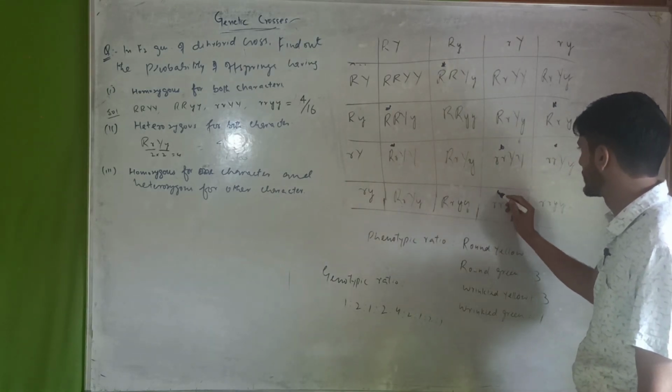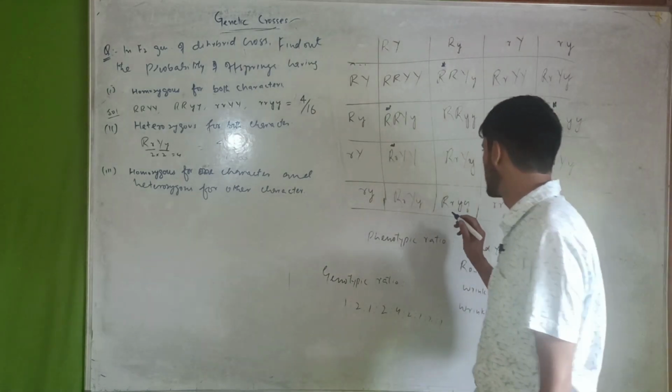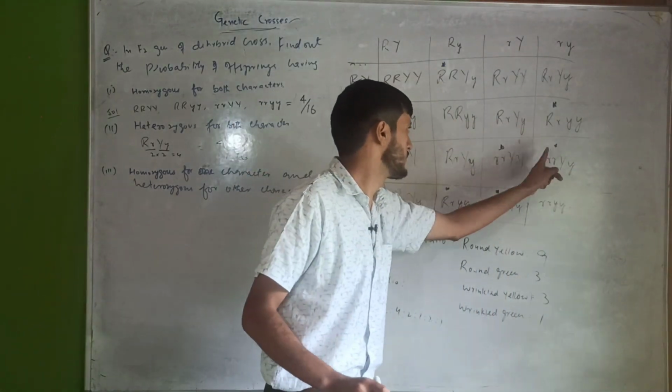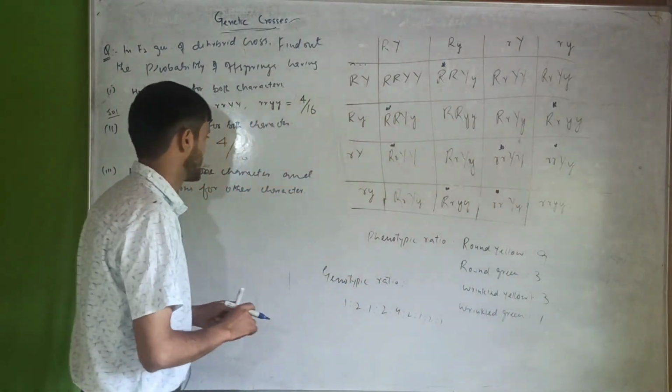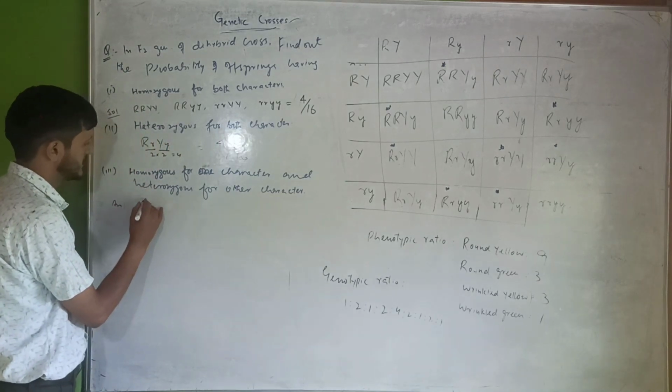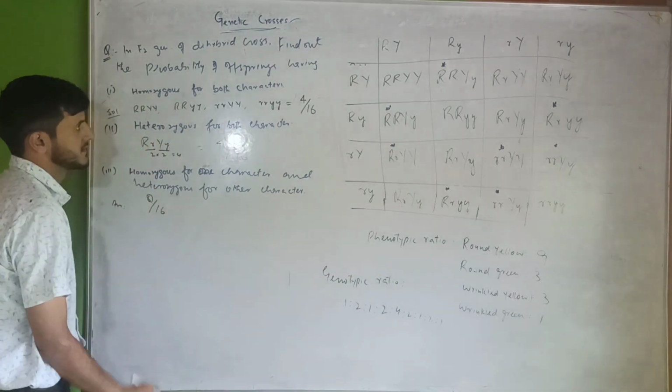Small r, capital Y, small y. How many are there? 1, 2, 3, 4, 5, 6, 7, 8. So what will be the answer? Answer is 8 by 16.